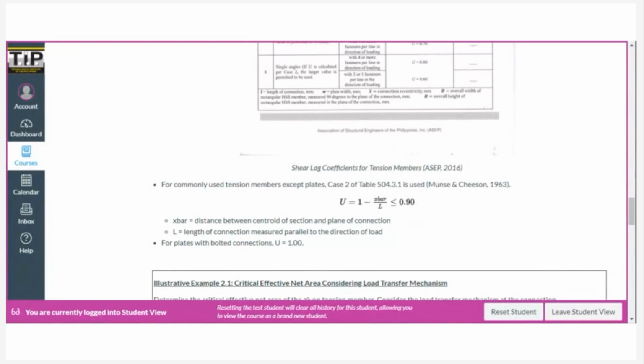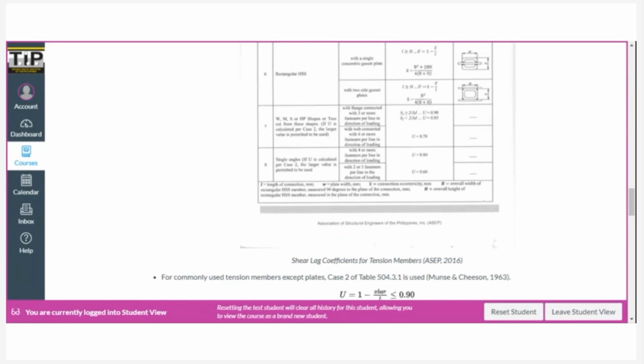So for plates with bolted connections, since the X bar for plates is very, very small, we can actually consider U to be equal to 1. So there you go.